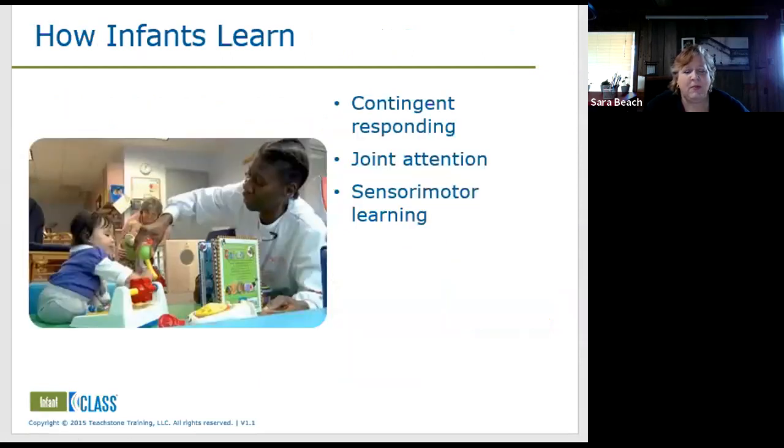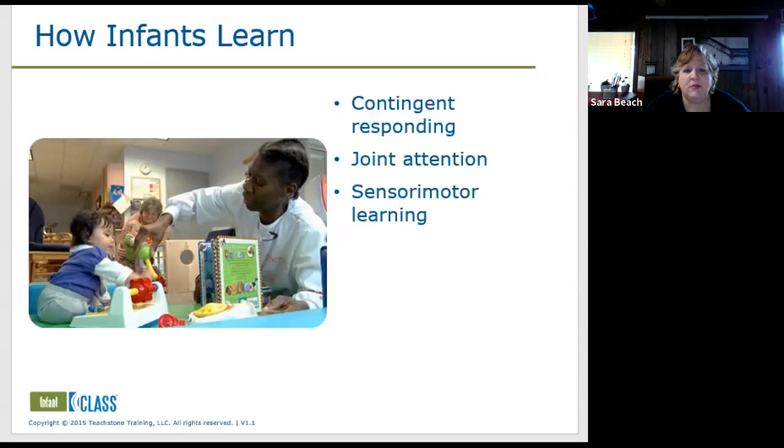So moving from the temperament and the personality behavioral stuff to learning, we also want to focus on how babies are managing the information that's coming at them. How are they perceiving things? How are they using their senses to learn about the world? And what are we doing as teachers to make sure that they have every opportunity to maximize their learning?